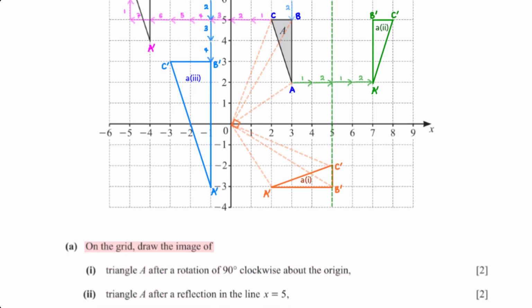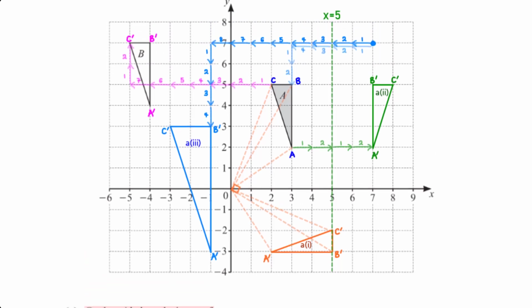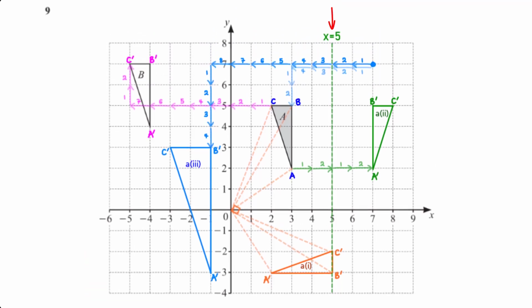Draw the image of triangle A after a reflection in the line x equals 5. So first, we draw the line of reflection, which is x equals 5. From here, we need to reflect the vertices of triangle A in the line x equals 5.